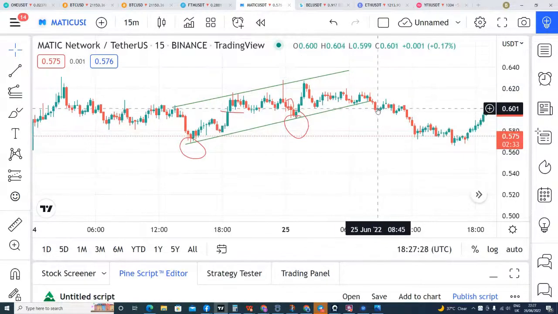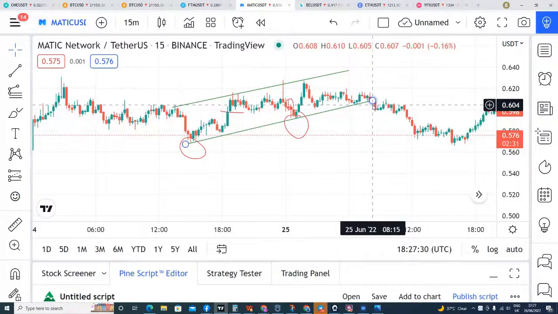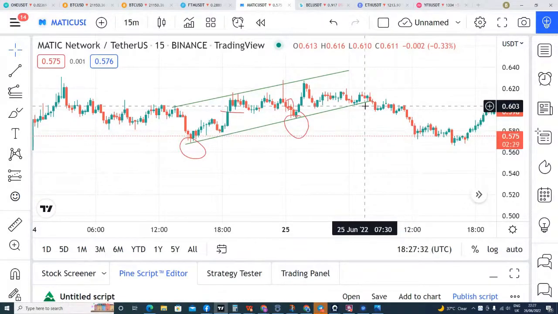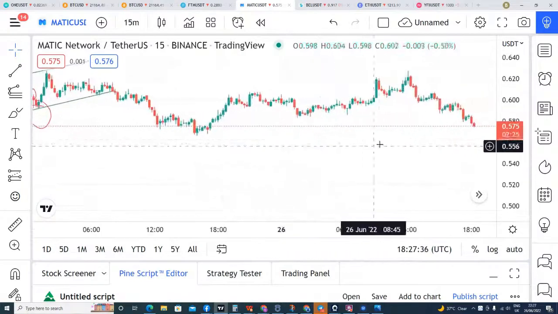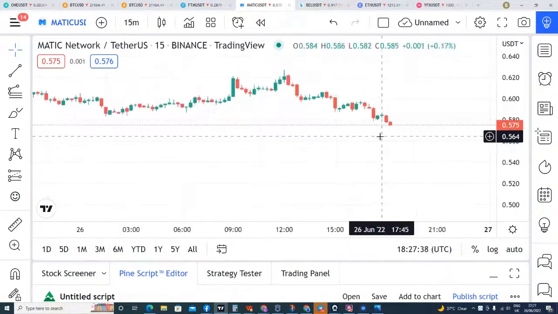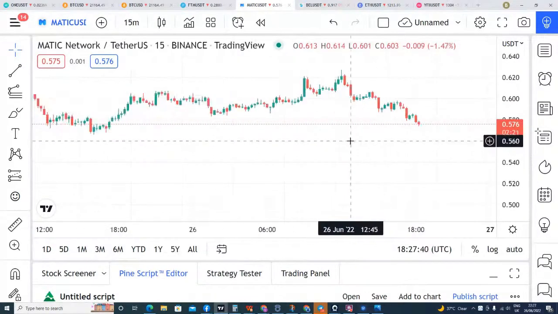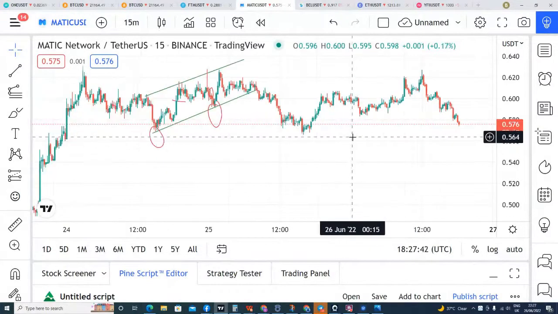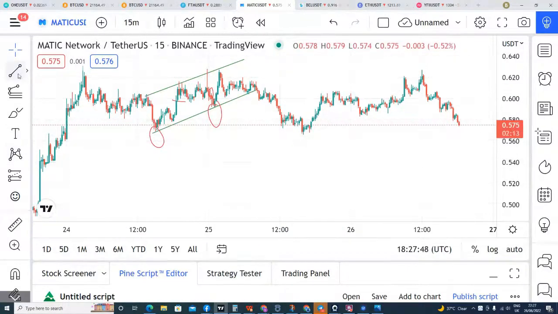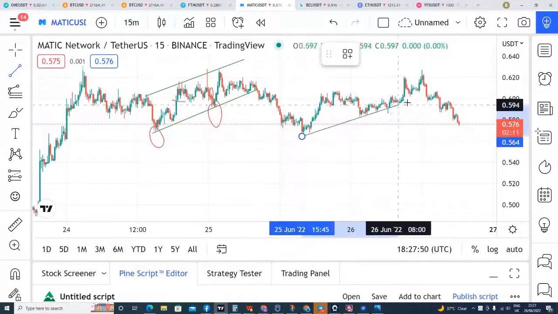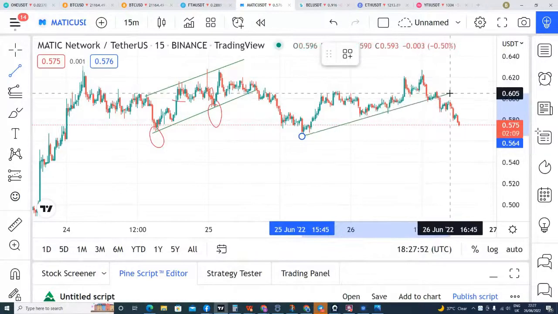Since we broke down this trend line, the market has been falling, and it is still falling up to now. You can see that. So these things help a lot when you know what you are doing. If I were to draw a trend line here, let's assume I am trending this one, I'll also draw another one here, and another one here.